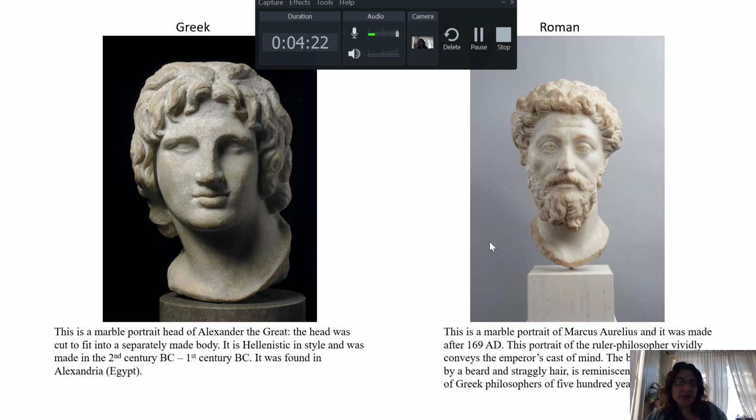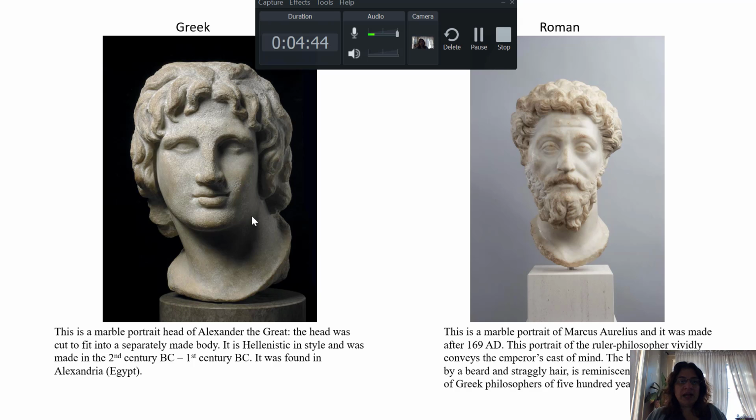I don't have the sizes here, so we don't know if these are a similar size or not, even though I've made them to be the same size shown here. We can't make that assumption. They are both done to be very naturalistic looking, and this is from the Hellenistic time period.